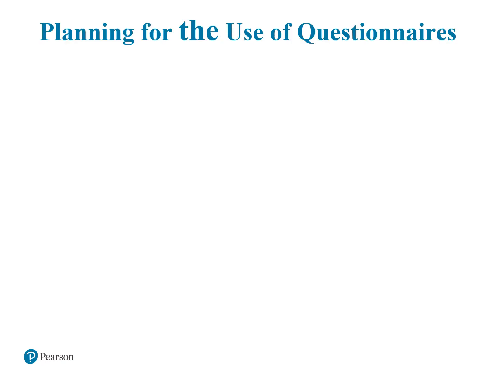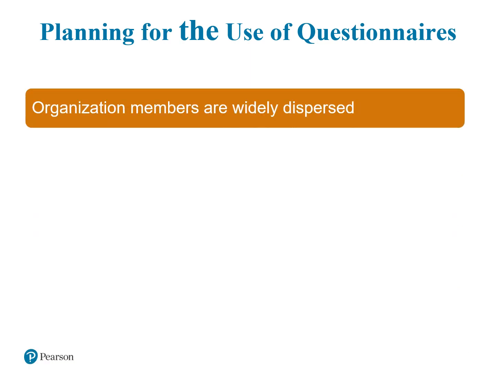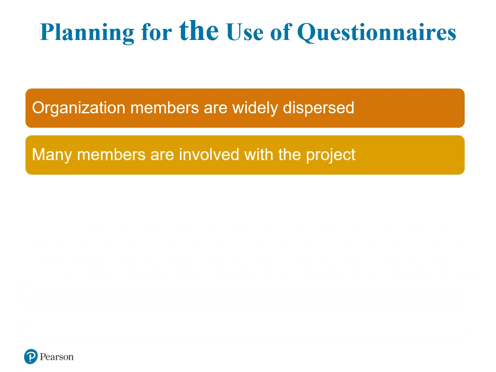Okay, when to use the questionnaire. The questionnaire method is good to use when the organization's members are widely disparate, meaning that they are in very different locations, like multinational companies or companies with different branches. It is also good when many members are involved with the project, not a small number.